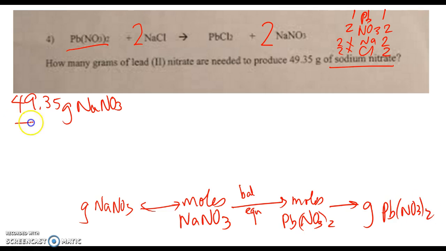So let's set this one up. And I'll let you fill in the molar masses, but we're setting up the T-chart for you.